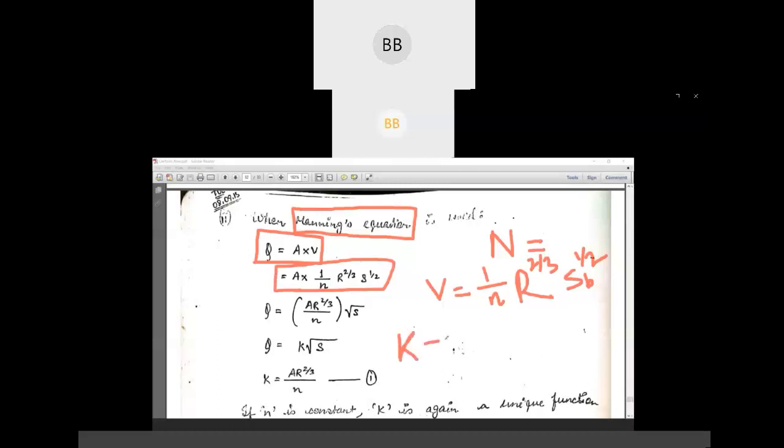We know K is nothing but discharge divided by square root of S_b, the bed slope. If you replace the V by Q by A, you will get A R to the power 2 by 3 divided by n. These things we have already discussed. So K is equal to A R to the power 2 by 3 divided by n. So this is our first equation.